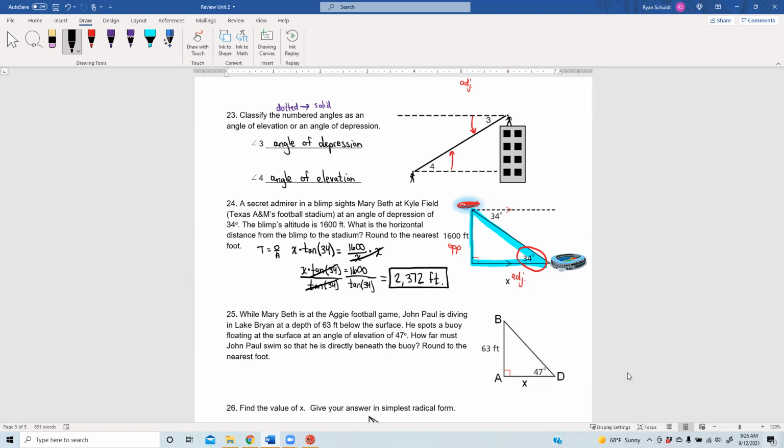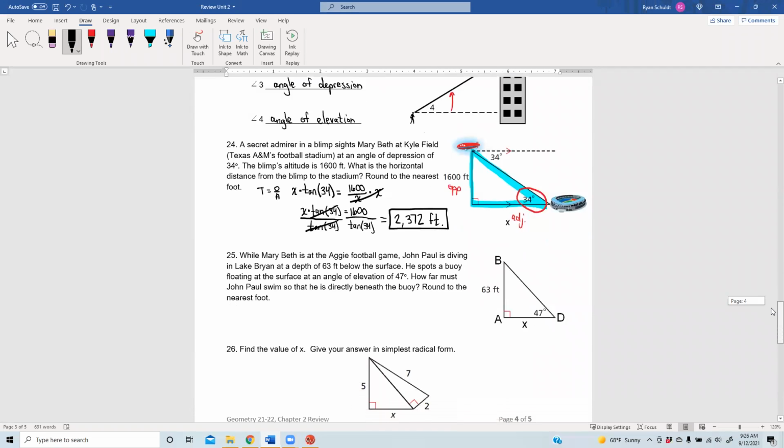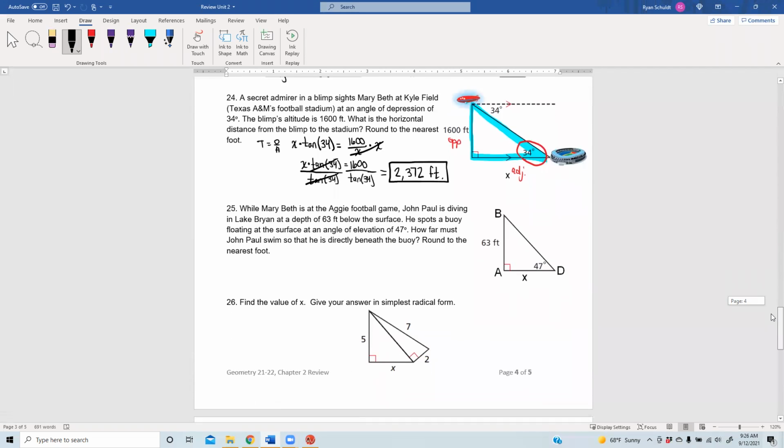So while Mary Beth is at the Aggie football game, John Paul is diving in Lake Bryant at a depth of 63 feet below the surface. He spots a buoy floating at the surface at an angle of elevation of 47 degrees.